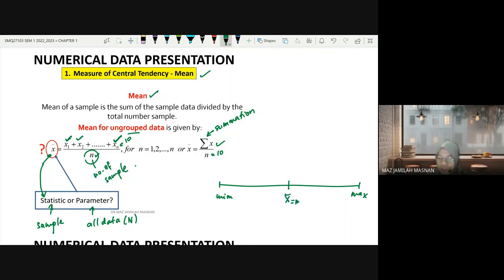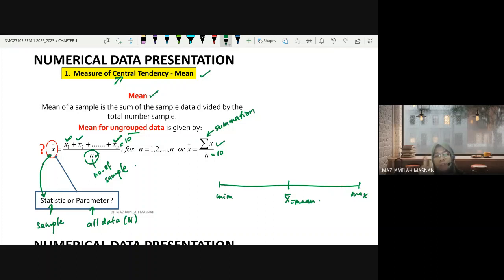This one reflects the mean. Measure of central tendency, as the name shows, we are talking about the central value of your data. So if you're talking about the mean, remember you are talking about the center value of your data, most probably located in the middle, but it depends.